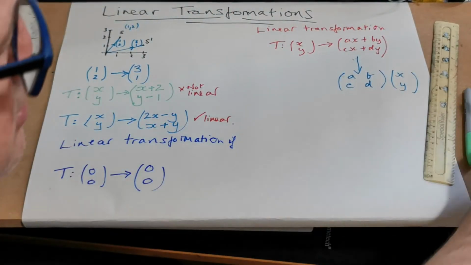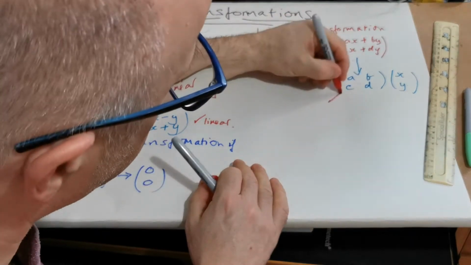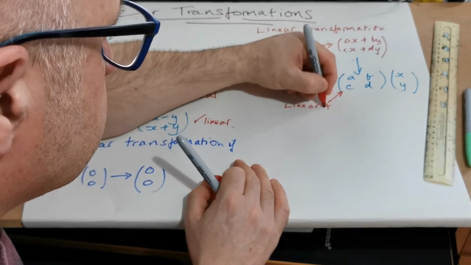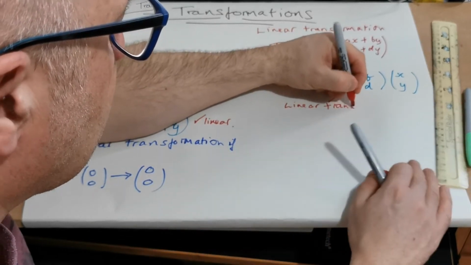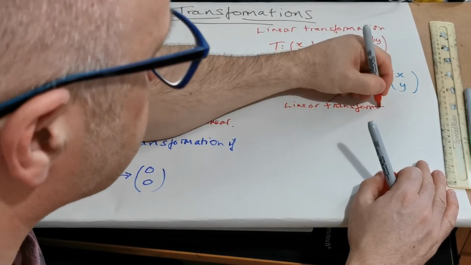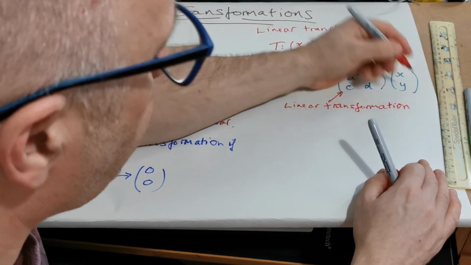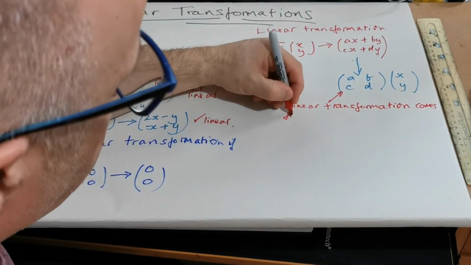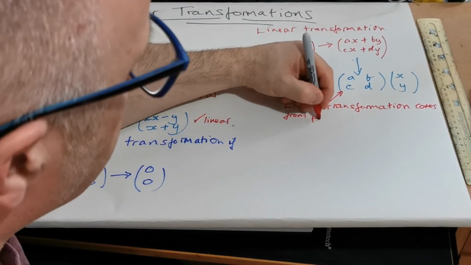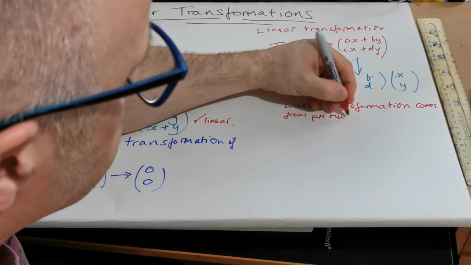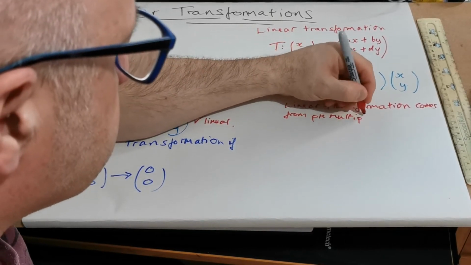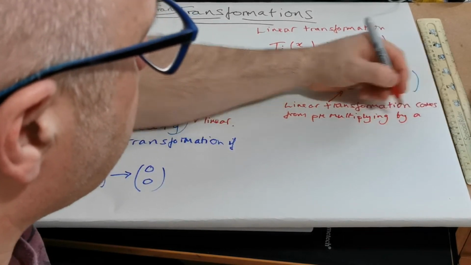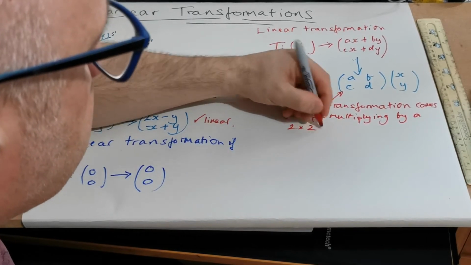So a linear transformation comes from pre-multiplying by a 2 by 2 matrix.